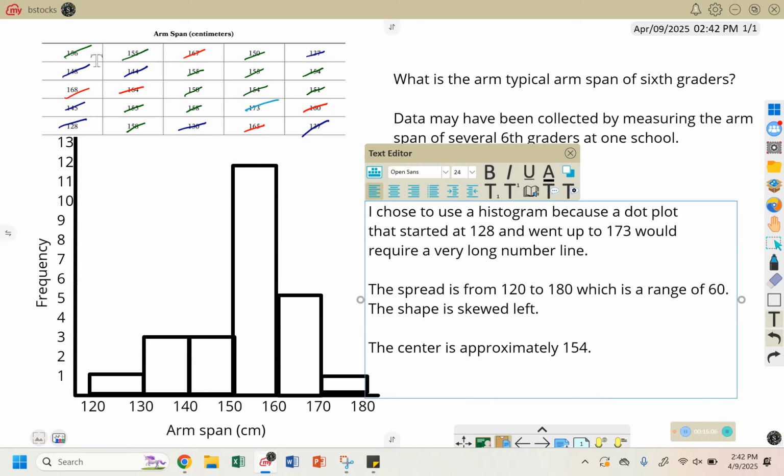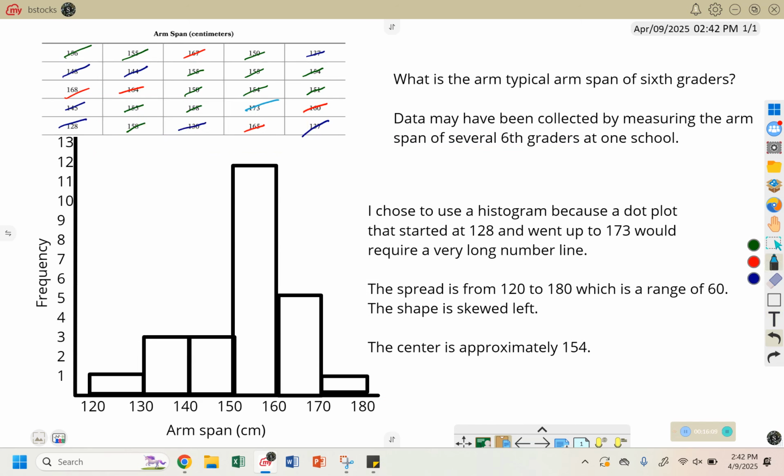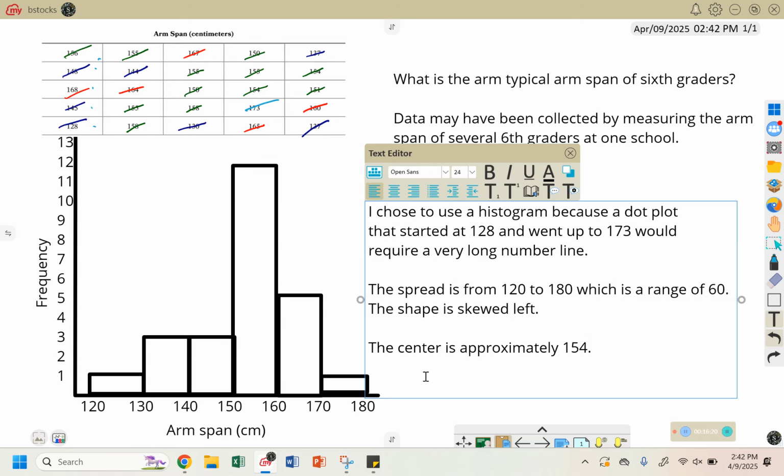Well, if we count them up, there's 1, 2, 3, 4, 5, 10, 15, 20, 25 observations. The unit of measurement was centimeters.